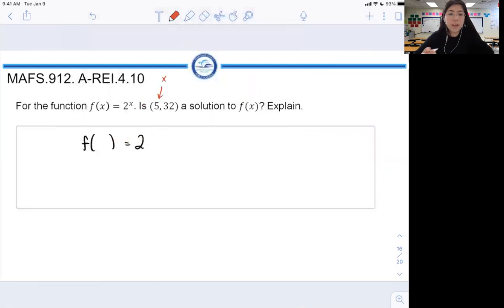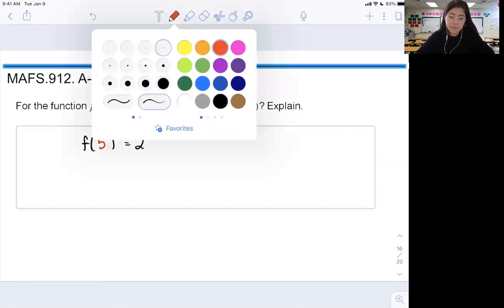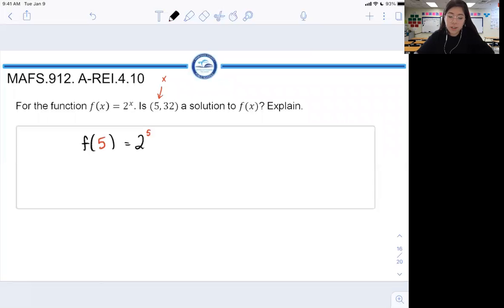So I'm going to plug in a 5, 2 to the power of 5. And what do I want it to equal? If this is a solution, what should this equal? 32. It should equal 32, but we don't know. We're going to check.